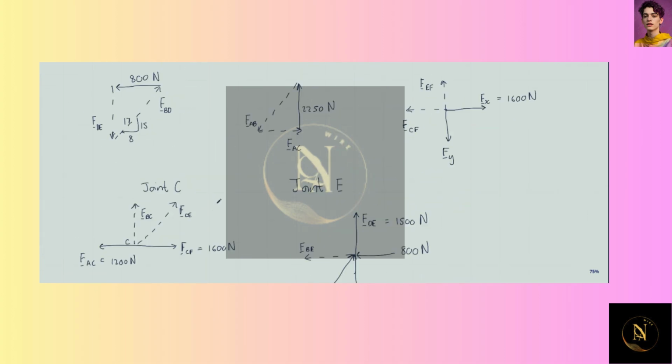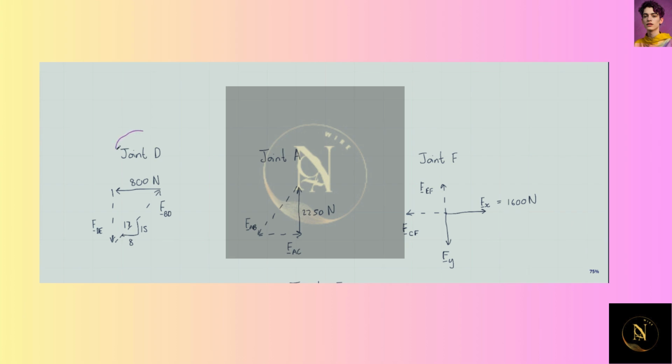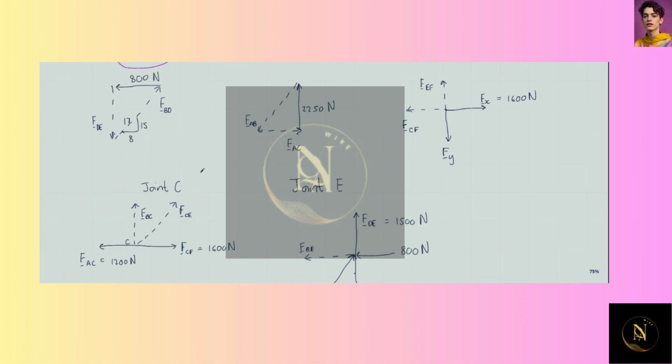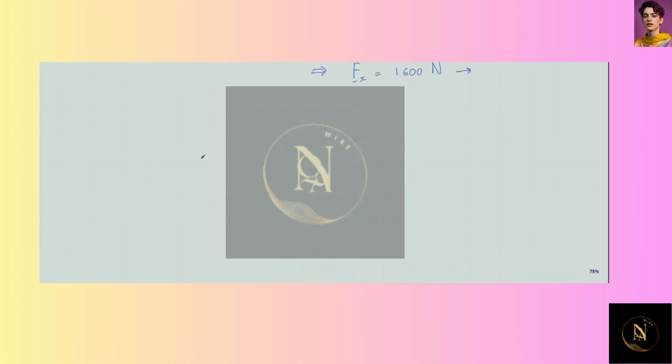Now let's look at joint D. We've drawn a free body diagram for joint D as circled here. From this free body diagram, with some simple geometry, 800 newtons divided by 8 is equal to F_DE over 15, which is equal to F_BD over 17.